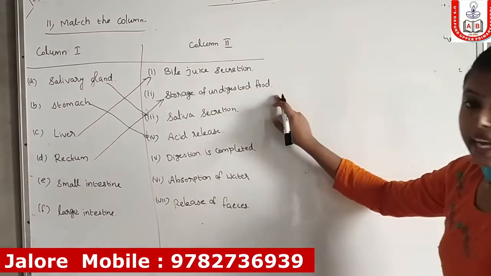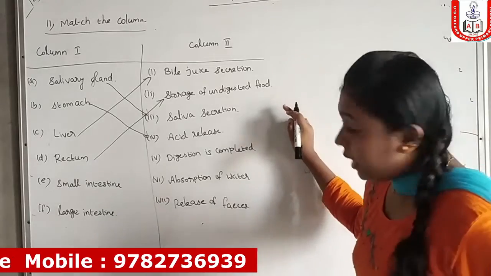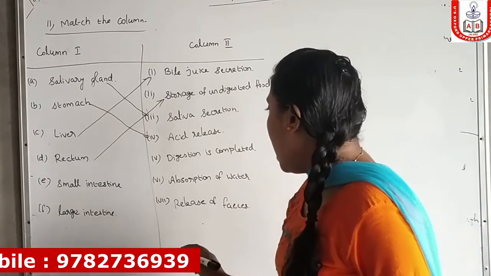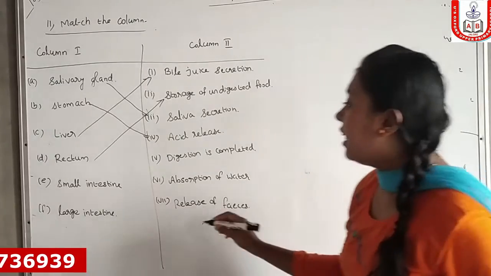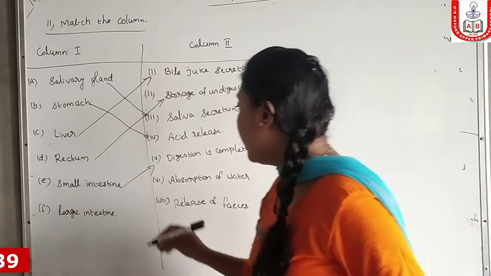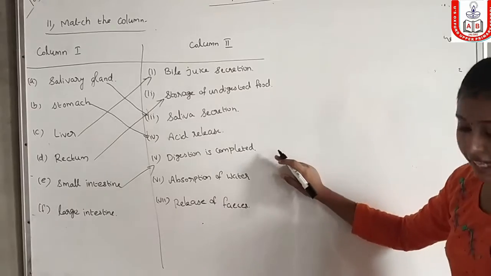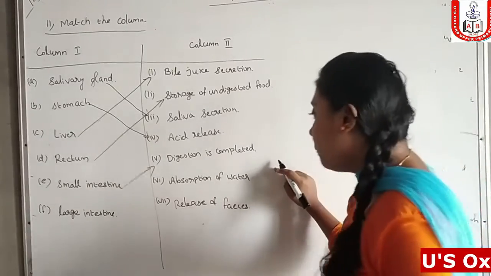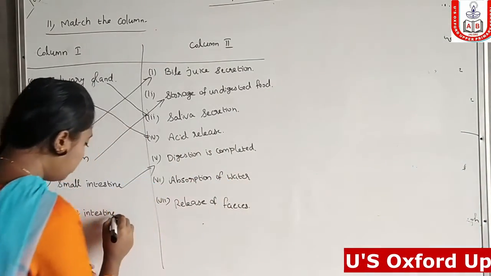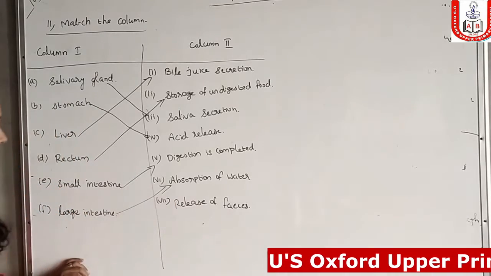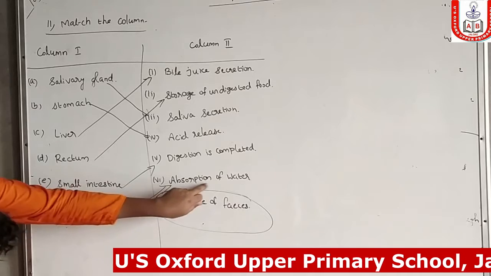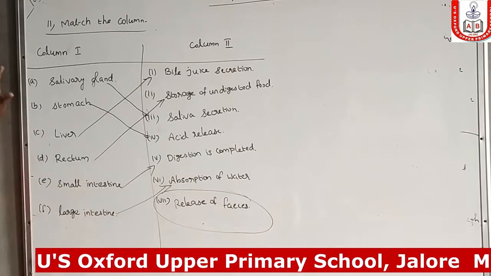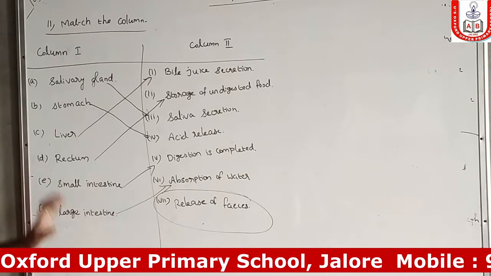Next, small intestine: digestion is completed. And large intestine: absorption of water. Here, one option is not used. So this is the answer for this match the column.